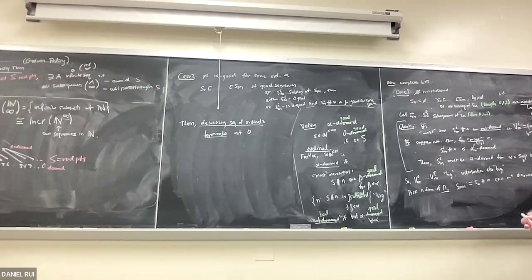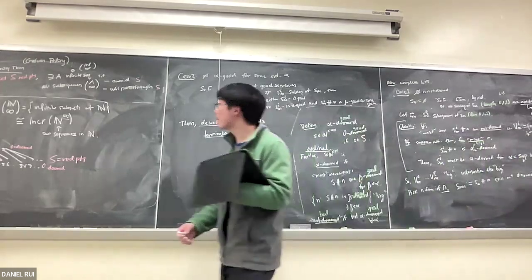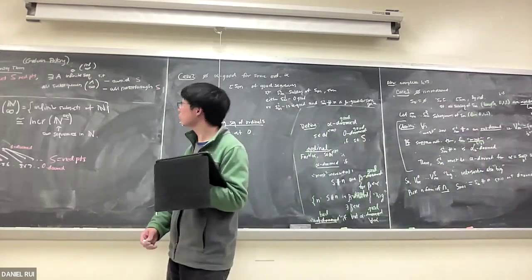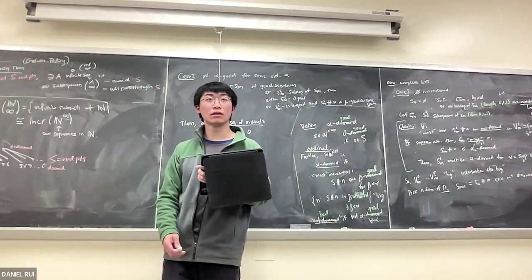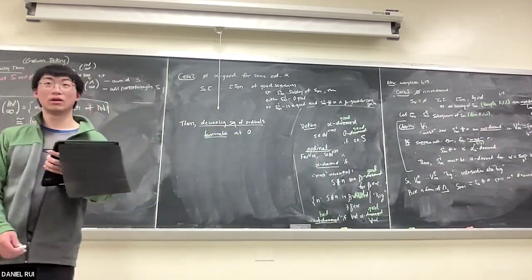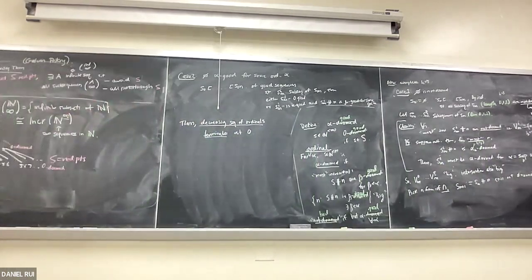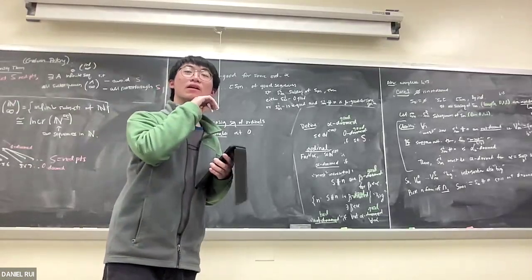Perhaps, let me do one thing. Wait, maybe I'm missing something. I'm sorry, go on. Okay, in the back. I was going to ask, how are we defining pass through?